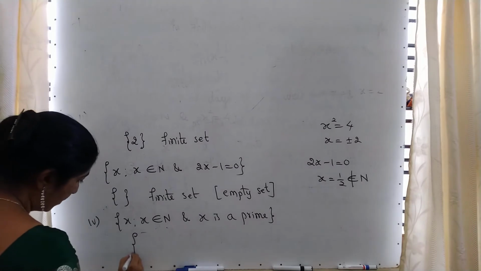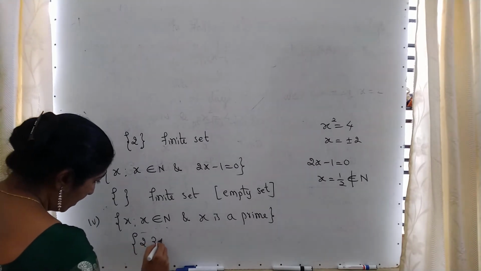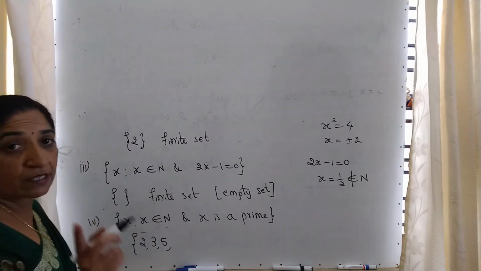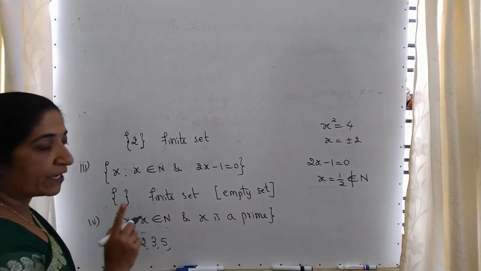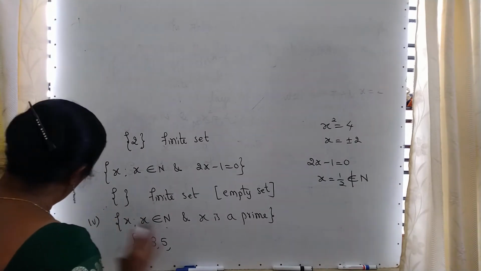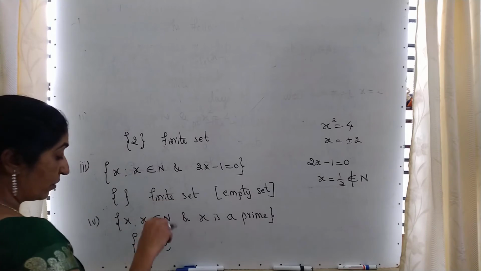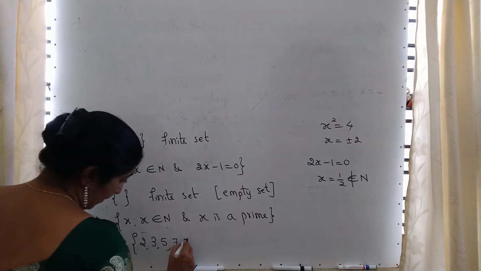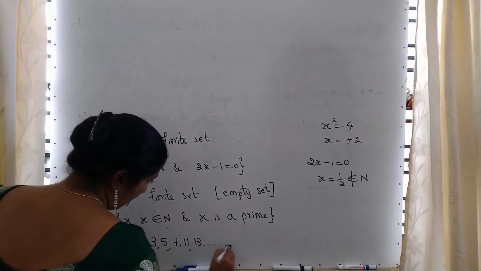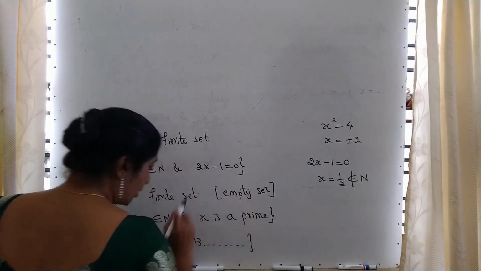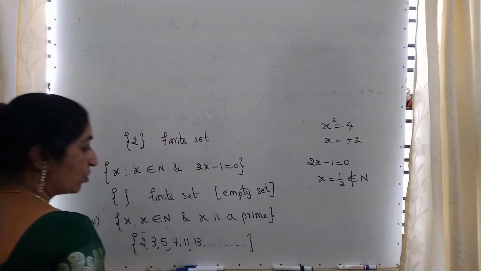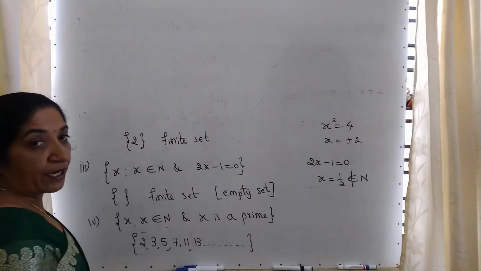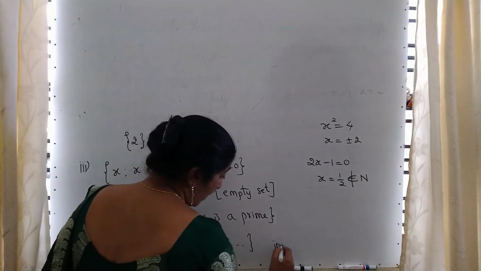Then it starts with 2, 3, 5. We cannot write 6, as 6 is divisible by 2 and 3 and 6. Then 7, not 9, 11, 13, like this. The last number is not mentioned, therefore it goes on continuing. It goes on continuing means it is an infinite set.